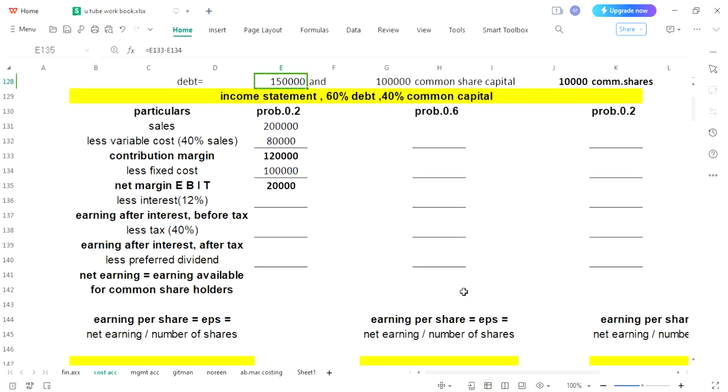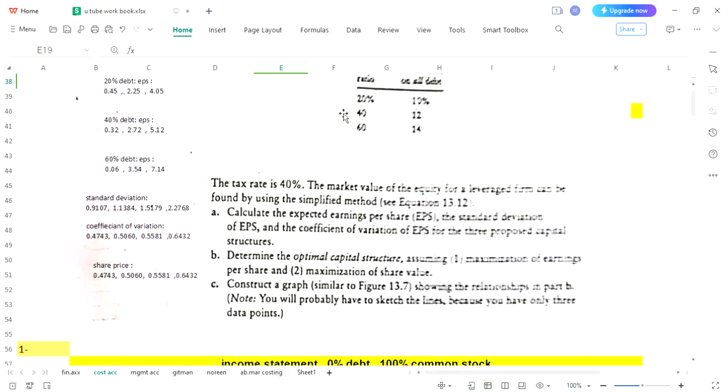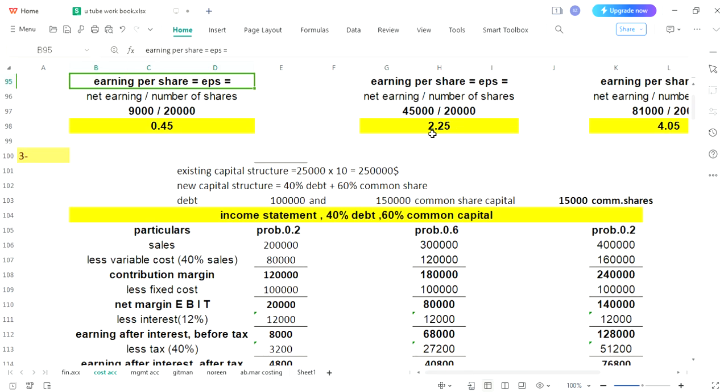Now it's time to calculate our interest. It was 12%, but we will see, when your debt is 60%, how much rate of interest is suggested by the book. Over here you can see when you have 60% debt, our rate of interest on debt is 14%.